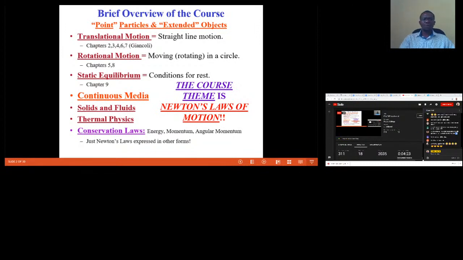So when we talk about translational motion, we are talking about pure translation from point A to point B without any rotation. If we come to rotational motion, then as the particle is translating, it could also be rotating, spinning around some axis and so on. We'll come to that at some point.